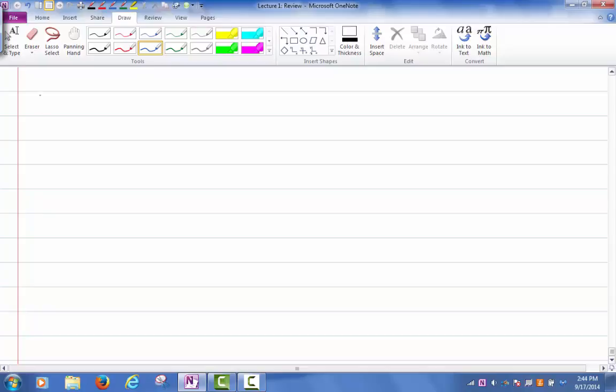Okay, so here's another example. Let's take the limit as h goes to 0 of (3 plus h) squared minus 9 divided by 3h. So let's say I have this limit problem.